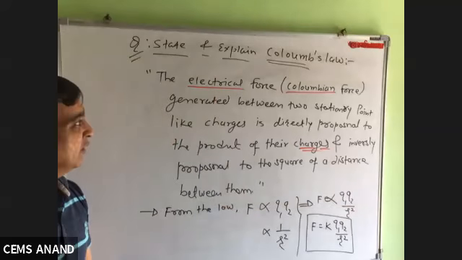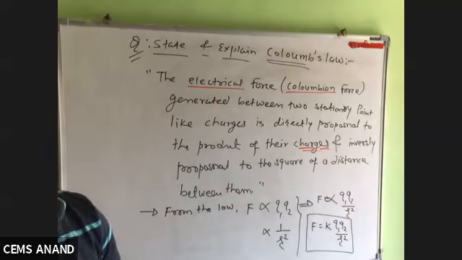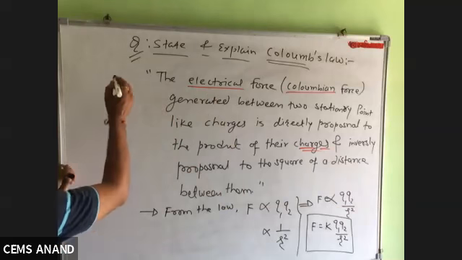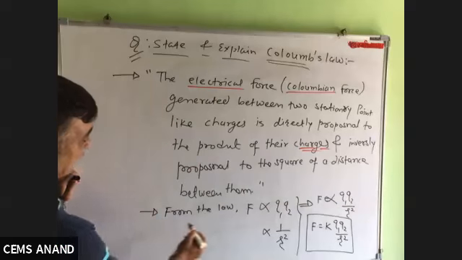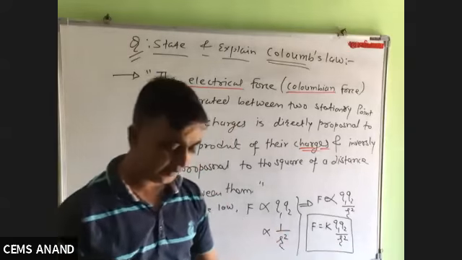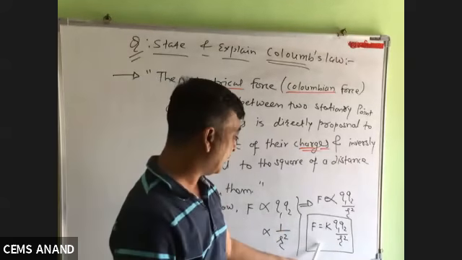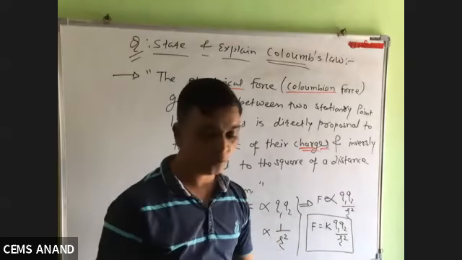Okay. So start your answer with this statement. Your first statement, then your second statement, and reach to this equation, F is equal to K Q1 Q2 by R square.